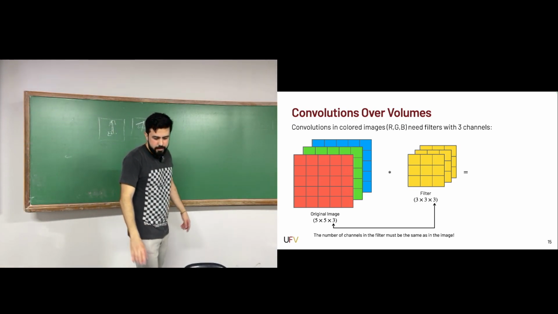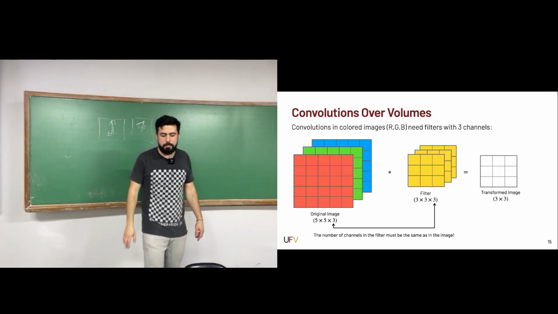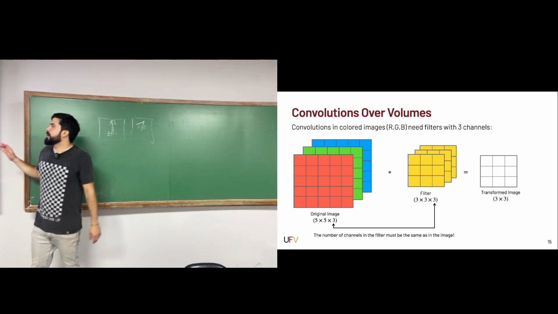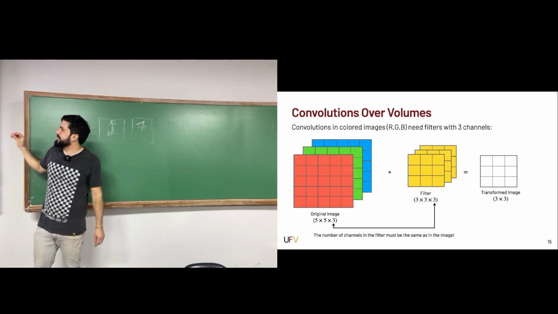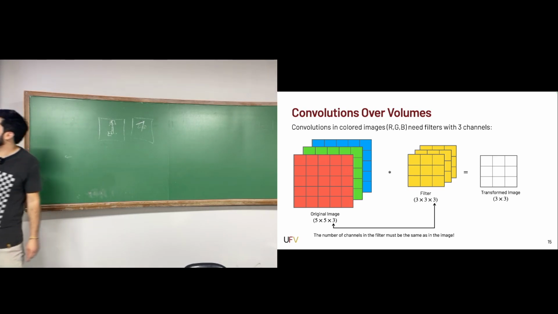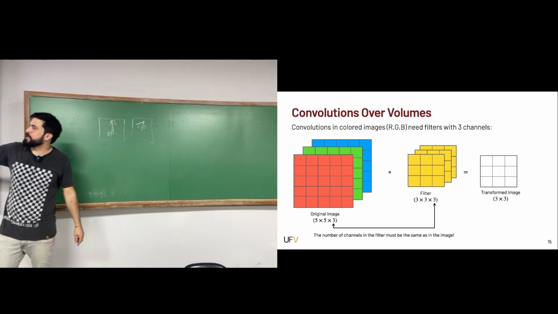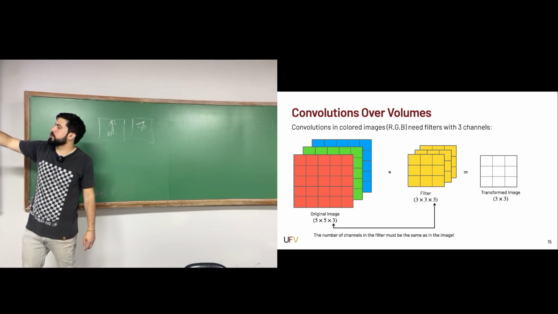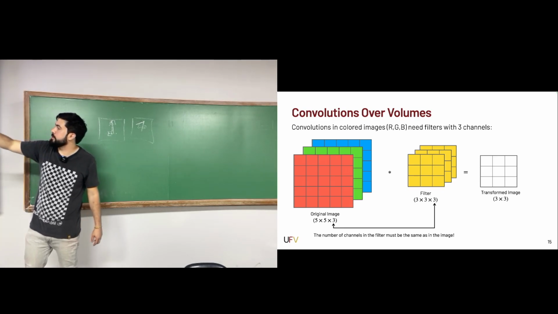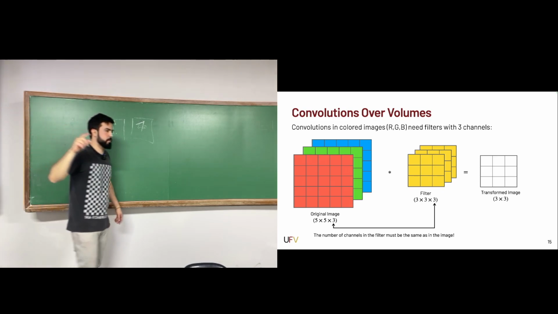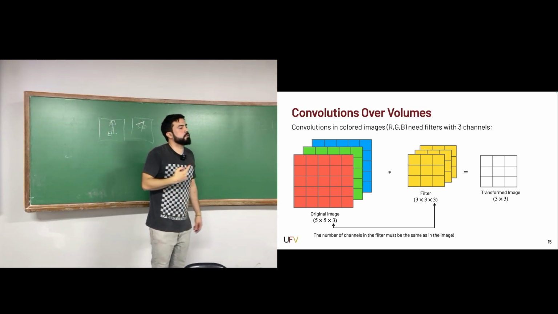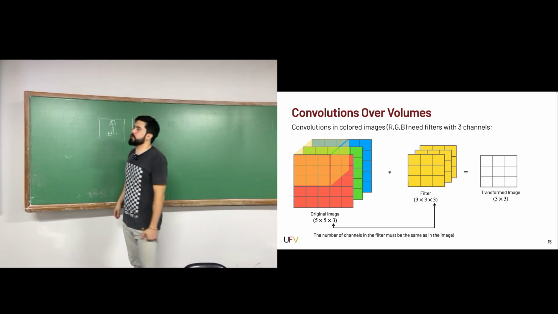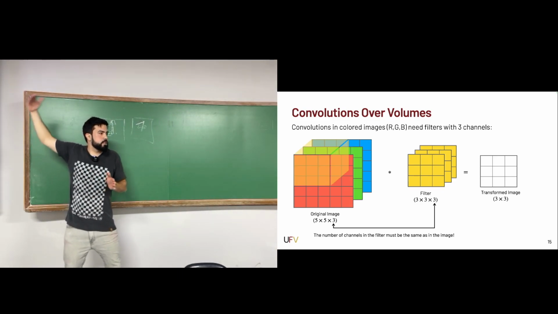And the way you're going to apply this is similar, but there is an important property here. If I apply a convolution with this filter to an RGB image, I'm going to get a flat 3 by 3 image with only one single channel. Because the way we apply this filter is by matching the channels.